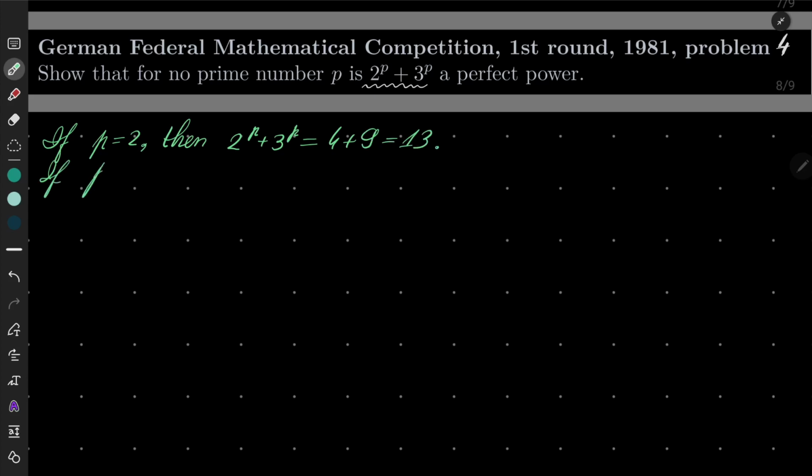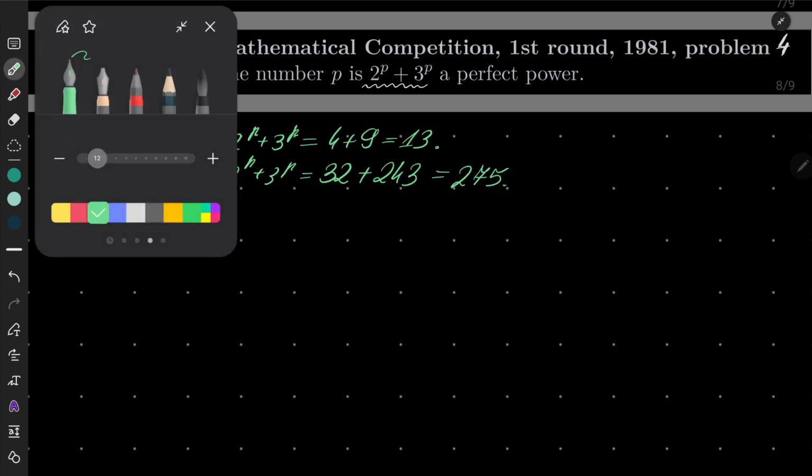And if p equals 5, then 2 to the power of 5 plus 3 to the power of 5 is 32 plus 243, 275, and this number is also not a perfect power.